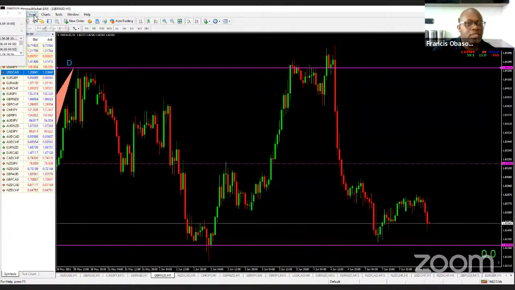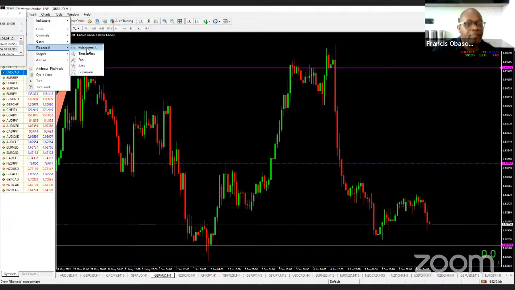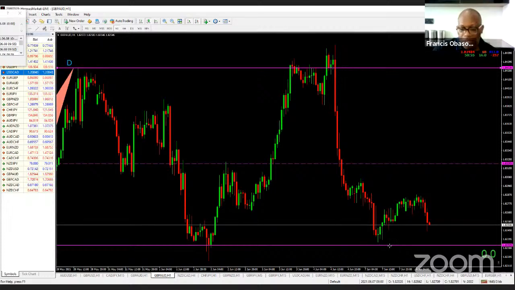Let's do this. You see me marking up my chart like this so that I can visually identify a key zone. So it could come here and bounce off to the upside, or struggle here for some time before breaking through.